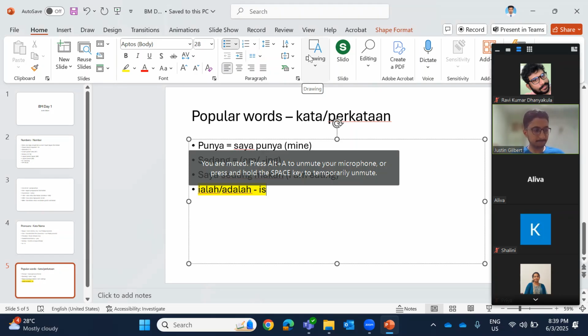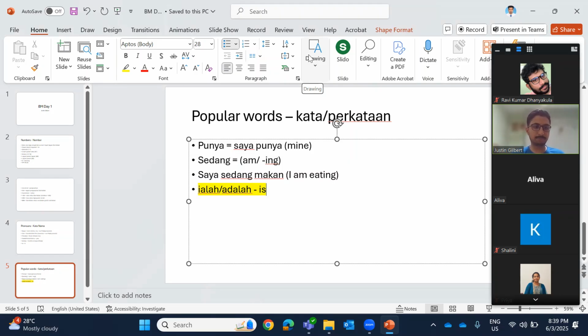So I say, ini adalah telefon bimbit saya. Ini adalah telefon bimbit saya. The sentence I just said is, this is my handphone, which has the word "is", and in this case, I must use the word ialah or adalah.